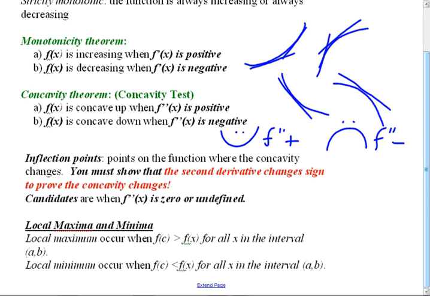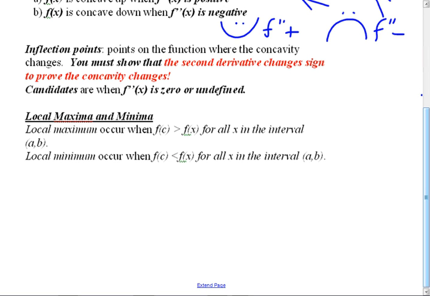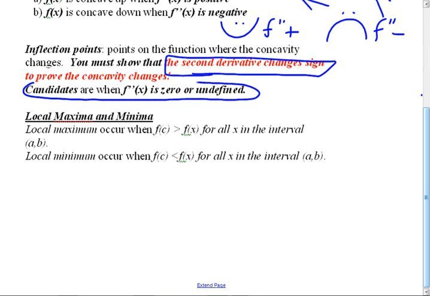And to prove an inflection point, you can't say it's an inflection point because the concavity changes. You have to say it's an inflection point because the second derivative changes sign. And we did all that. Now, where are the candidates for inflection points? Don't forget the undefined ones. Now I think that's it.